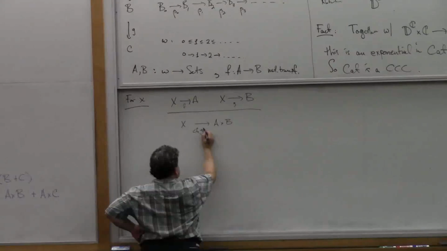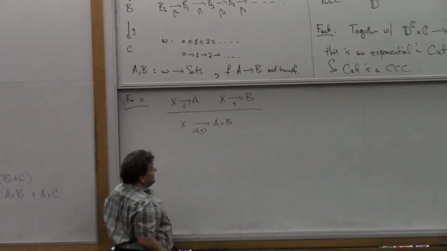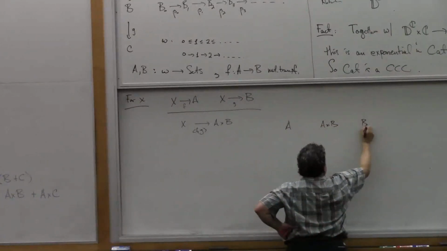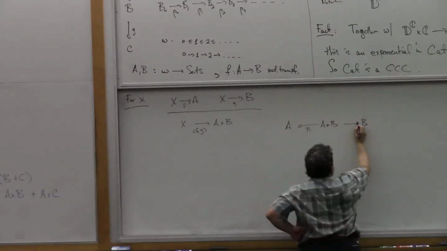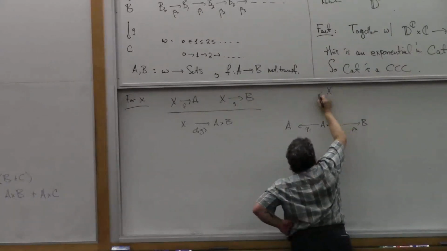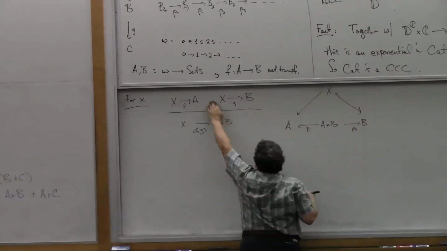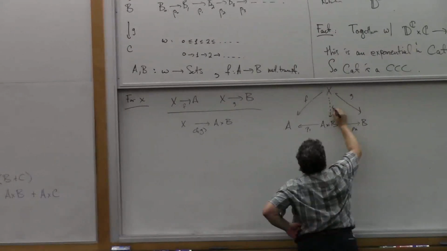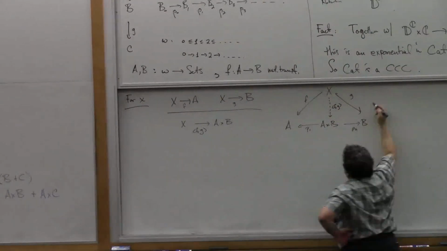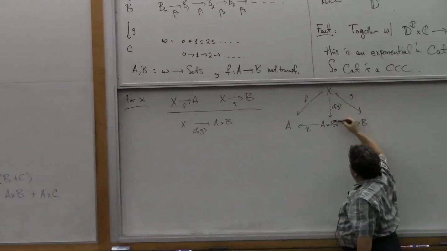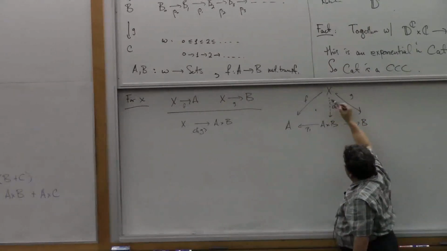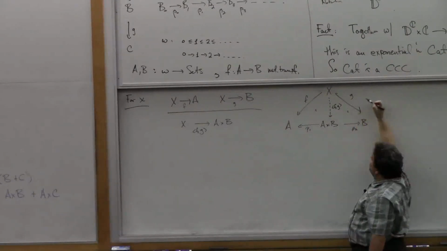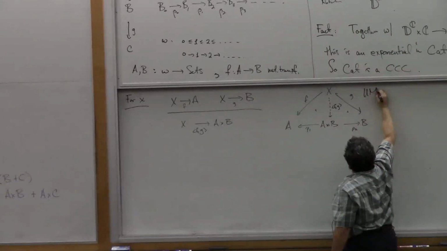And moreover, the universal mapping property says, let's write it out right here: A cross B. So this is the way that this works. I say take F, take G, then there exists a unique thing here which I called (F, G), and moreover, this composed with P1 equals F, and this composed with P2 equals G, and this is unique with that property. That was the universal mapping property, right?